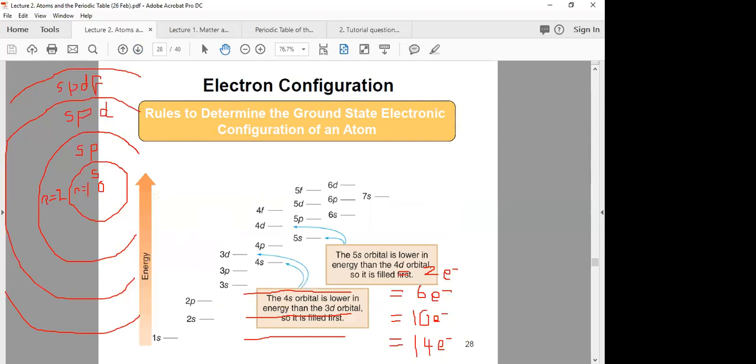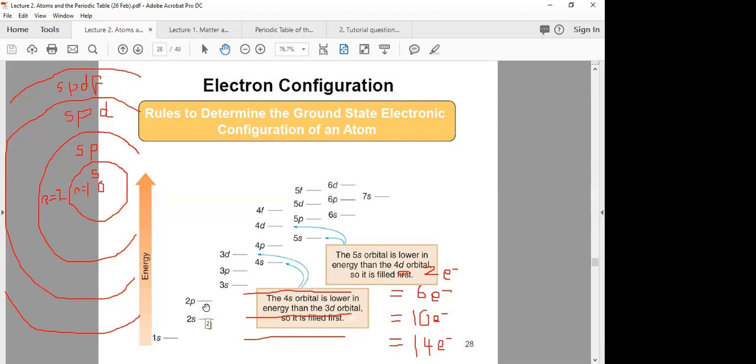First you start with shell number 1. It has an s subshell, so you would place 2 electrons in that. Then you start moving out. Shell number 2, or n equals 2, s subshell, place 2 electrons there. Then if you still have more electrons to place, move to the p subshell and place a maximum of 6.